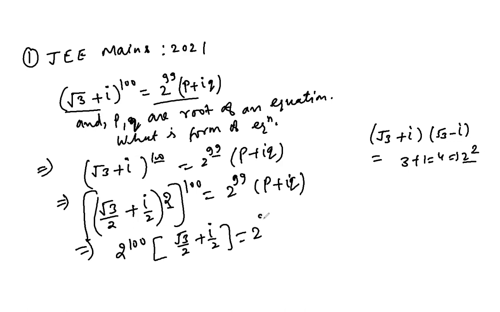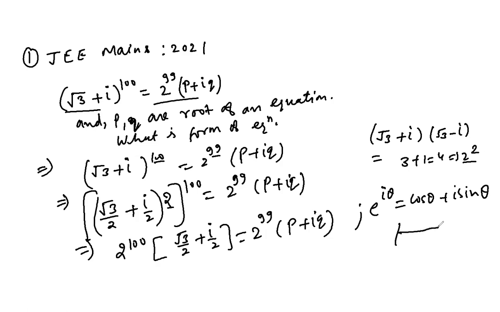Now there is a little bit of use of trigonometry. You know that e raised to power iota theta is simply cos theta plus iota sin theta. Now you should know the value of cos theta between 0 and pi.